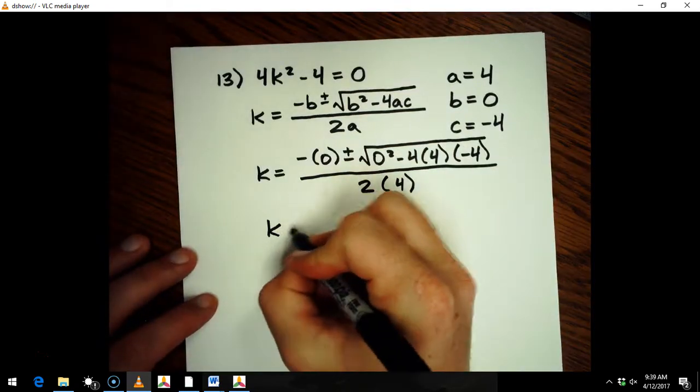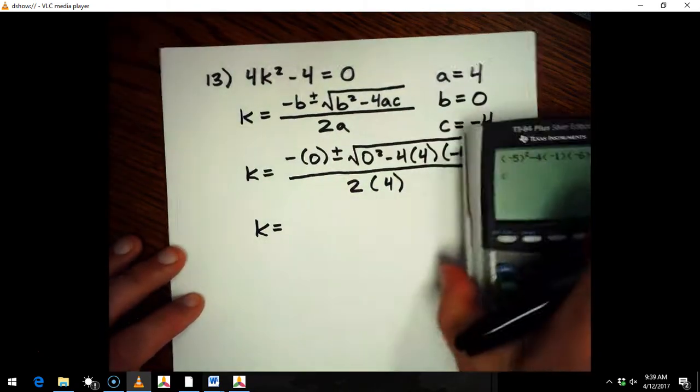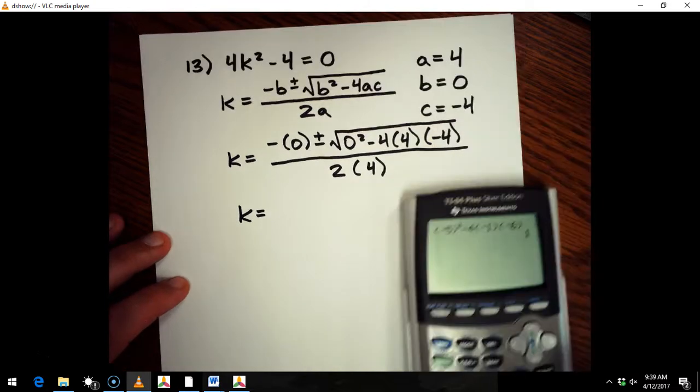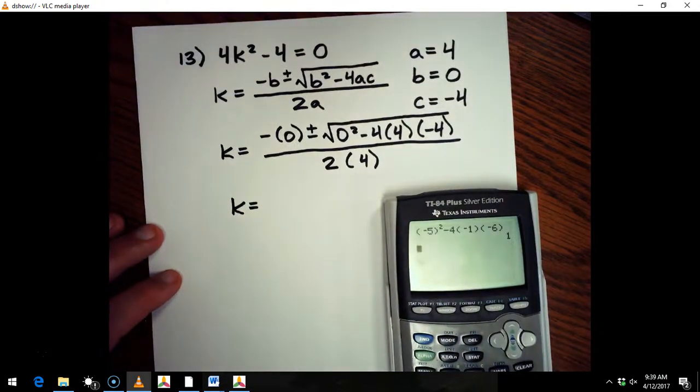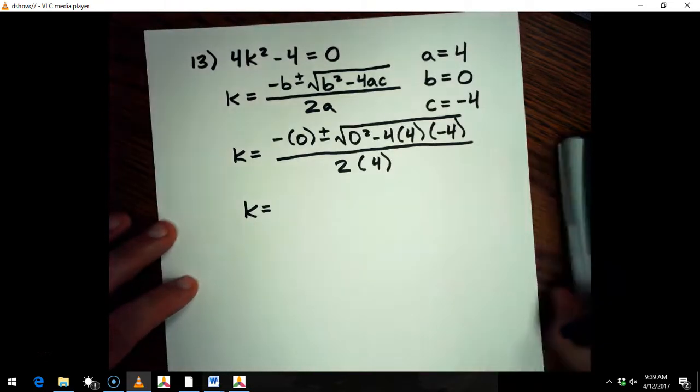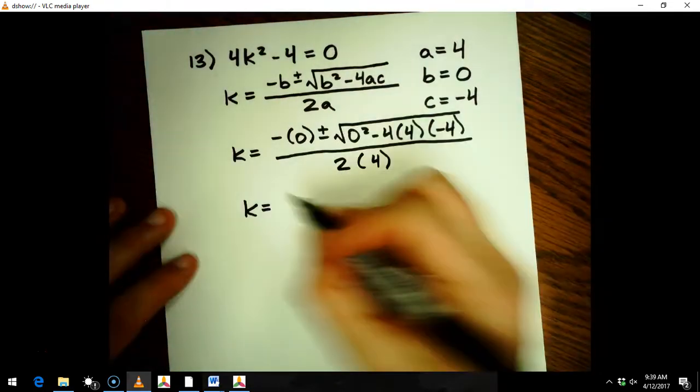Alright, so I'm going to simplify my radical, and I'm going to plug this in as 0 squared minus 4, parentheses, 4, that's a, c, and that's 64.